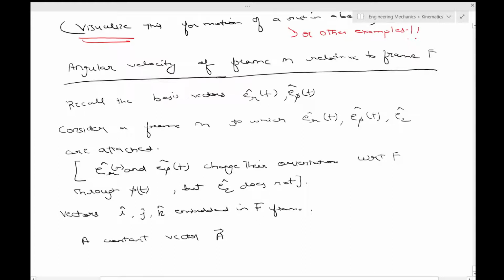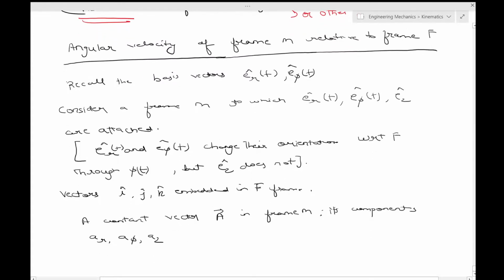A constant vector A in frame M, its components A_r, A_phi, A_z are constant.